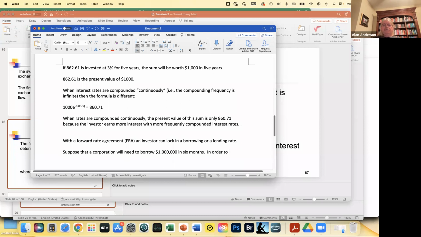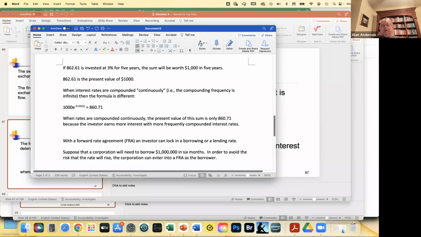In order to avoid the risk that the rate will rise, the corporation can enter into a forward rate agreement as the borrower.